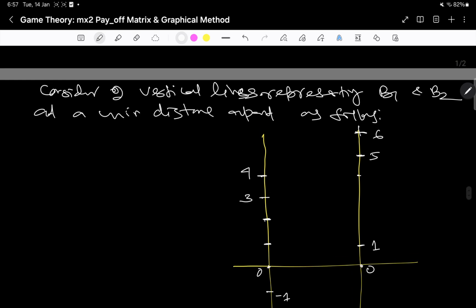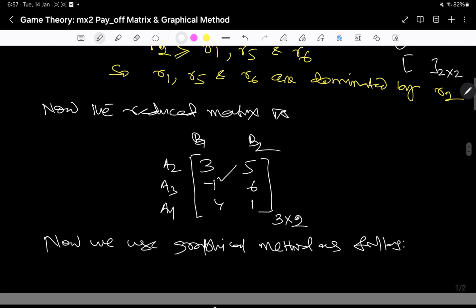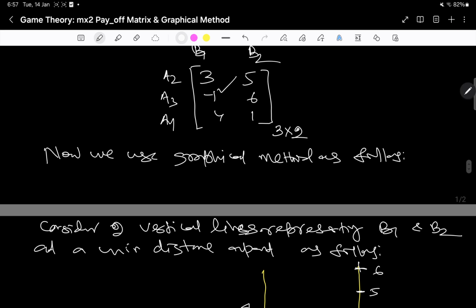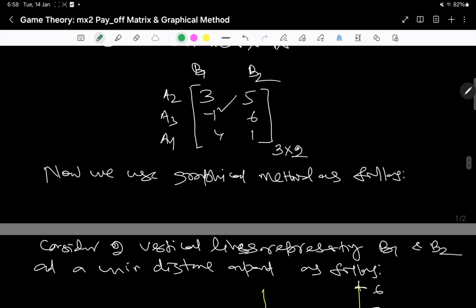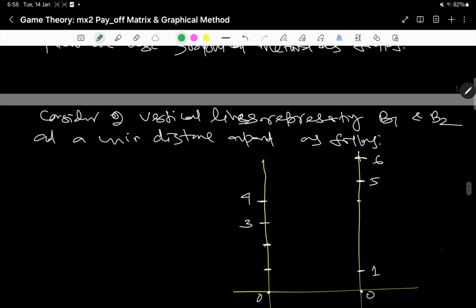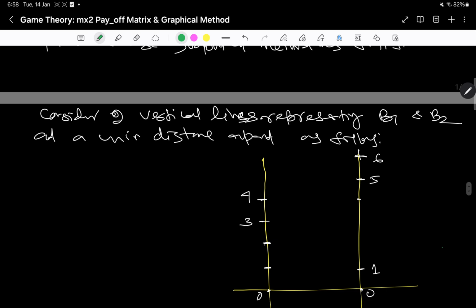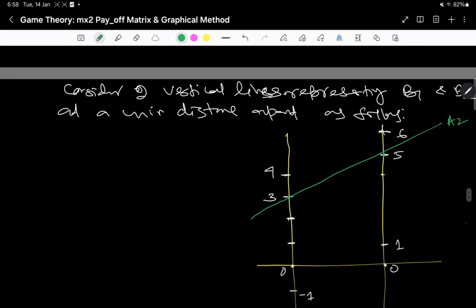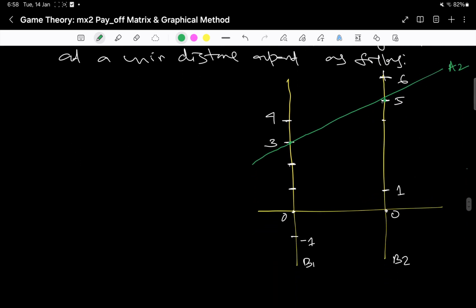Okay, so you draw the lines. You draw A2, A3 and A4 here. A2 is the intersection of 3 and 5, so we join 3 and 5 here. This is my A2. Then we join -1 and 6. This is my A3.